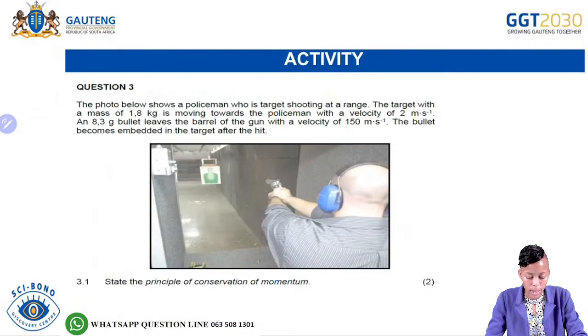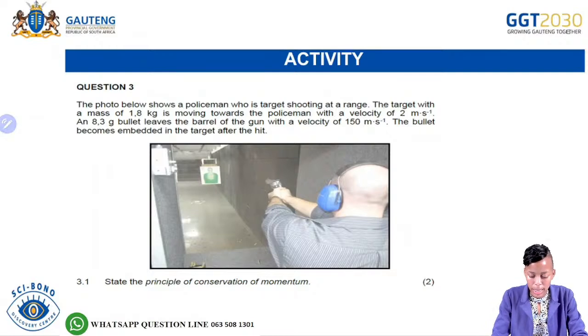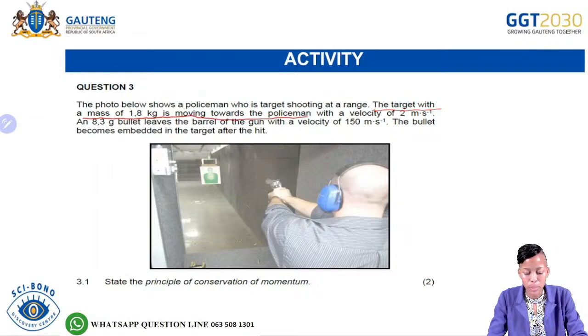Okay, and then the next activity says, the photo below shows a policeman who is target shooting at a range, and the target with a mass of 1.8 kilograms is moving towards the policeman with a velocity of 2 meters per second.